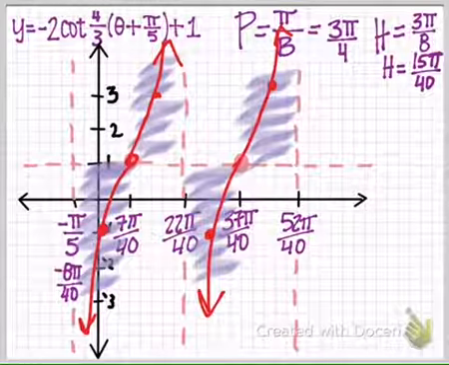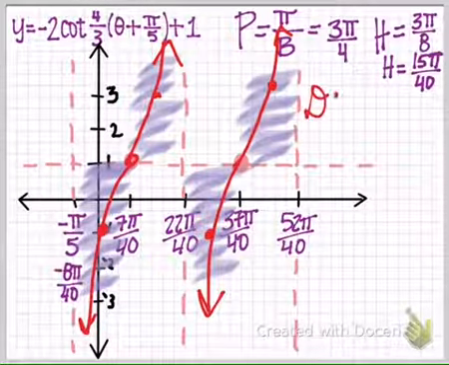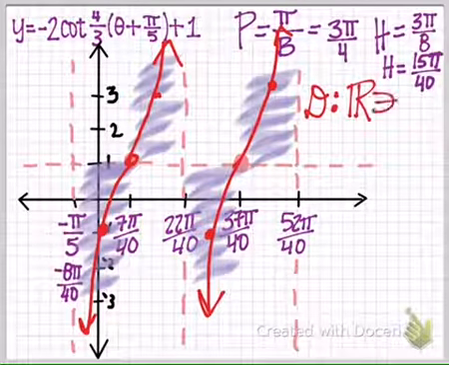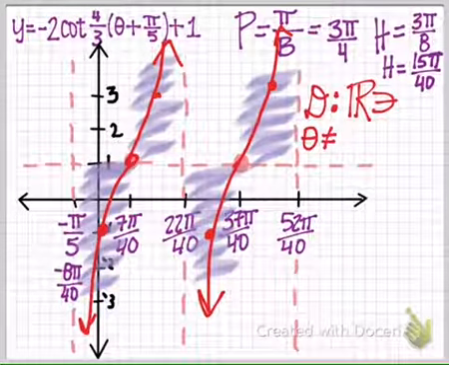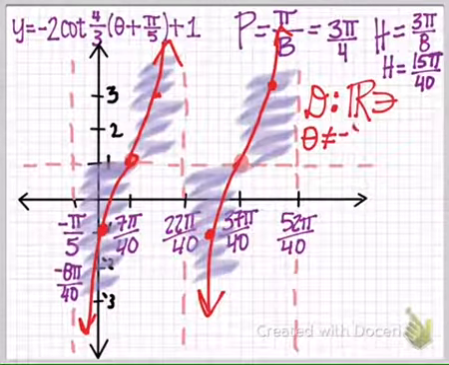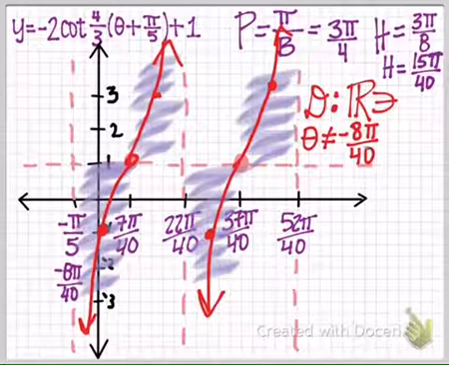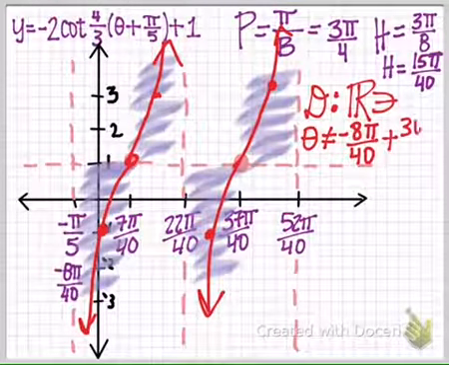Now for the domain and range, what do we get for the domain? All real numbers such that theta does not equal -8 pi over 40. Is that where the first asymptote was? Yeah. Good. Plus 30 pi over 40 n.